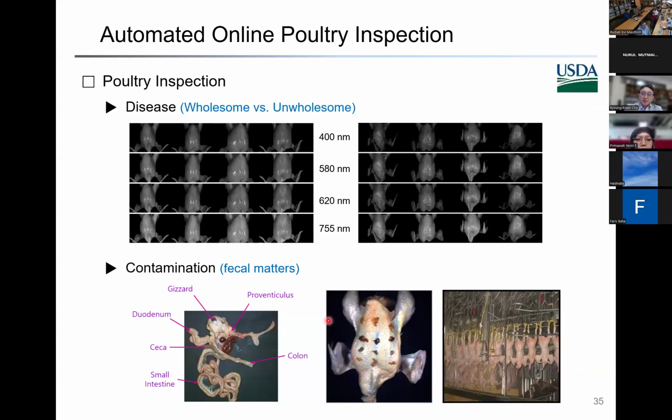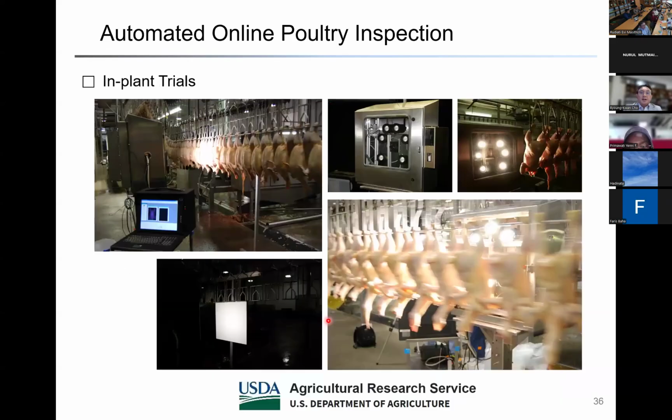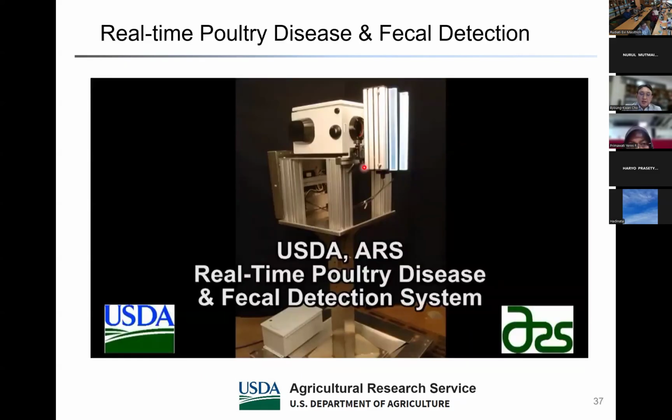So using hyperspectral images, we can make a classification model. Here, the online system uses a halogen lamp and hyperspectral imaging. It does line by line scanning, applies the classification model, and sorts out the abnormal chickens.